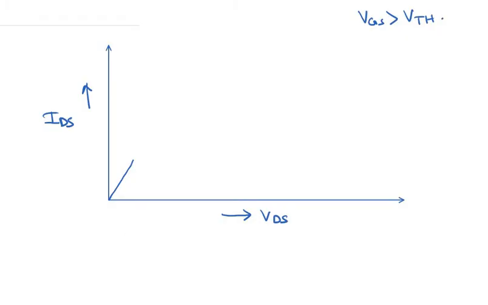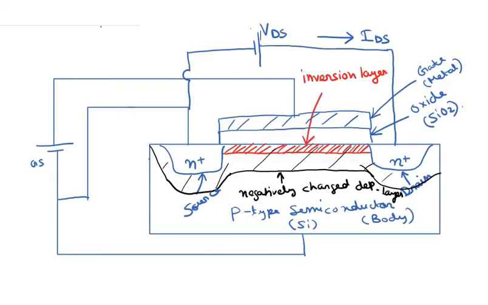Now, the function of this voltage VGS is basically to create the vertical electric field in this direction, and this electric field basically induces the inversion layer of the channel.